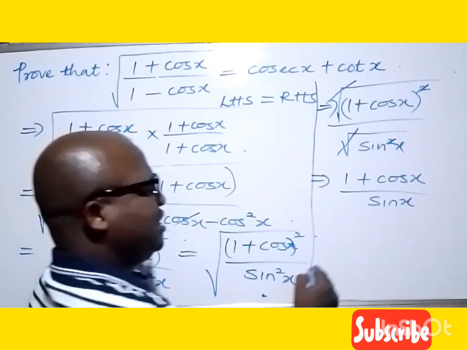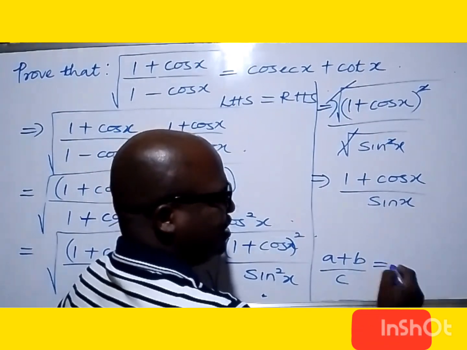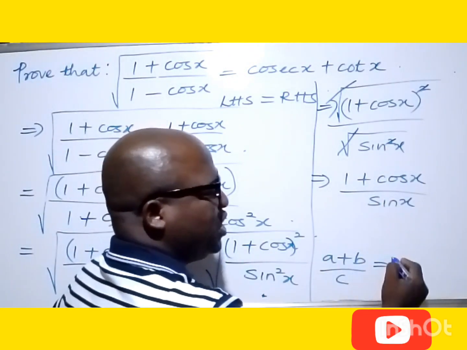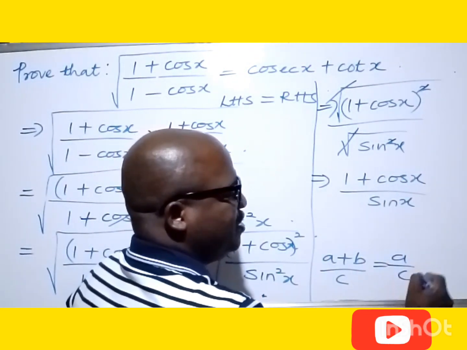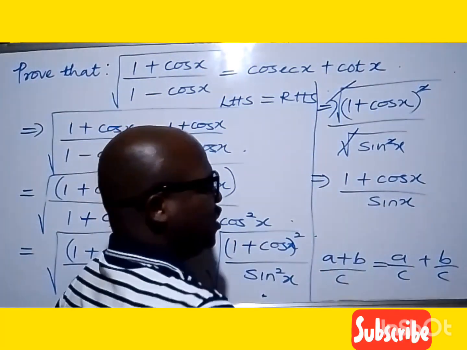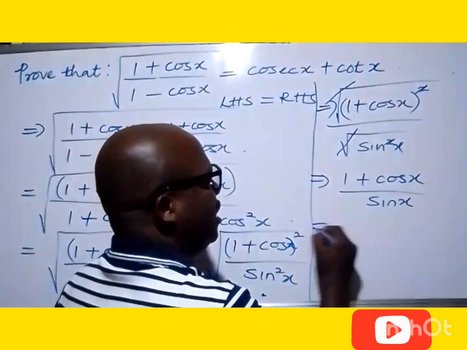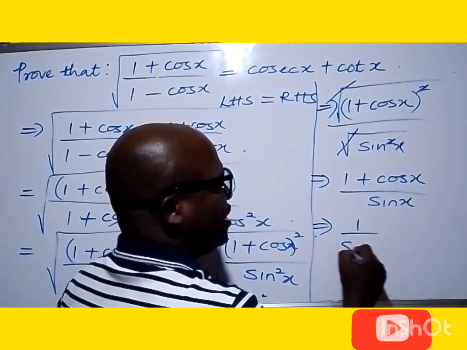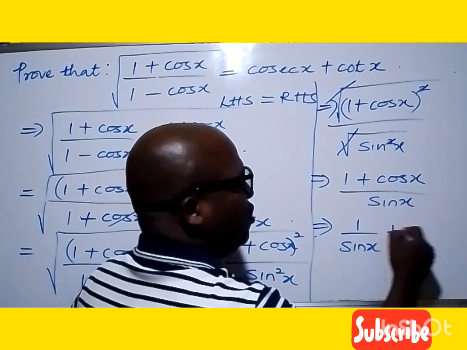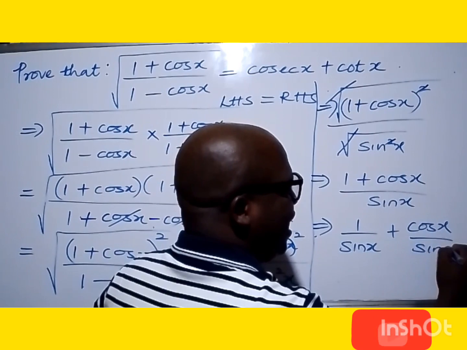And if you have something like a plus b all over c, we can actually express this as a all over c plus b all over c. That is exactly what we are going to do here. If we do that now, we are going to have 1 all over sine x plus cos x all over sine x.